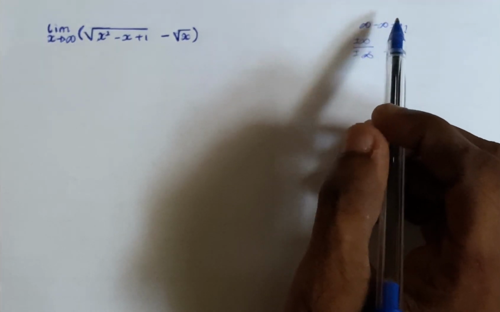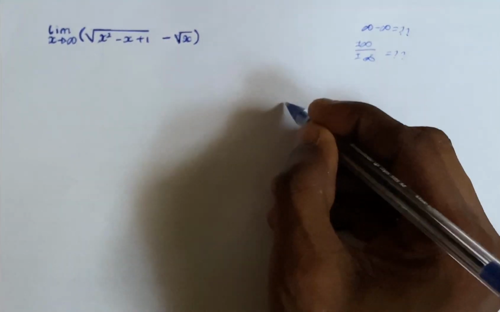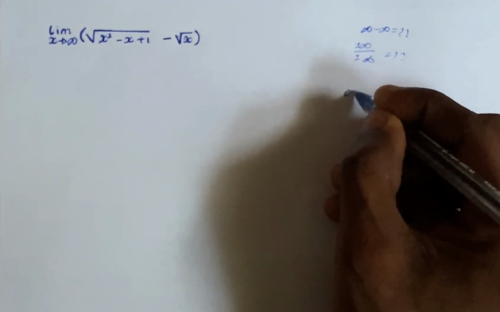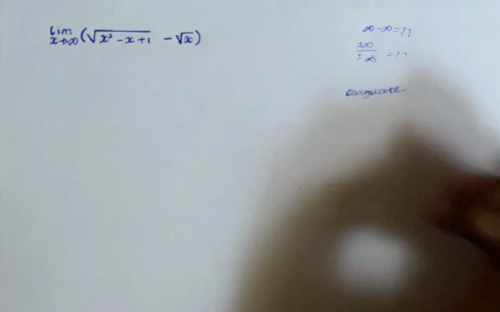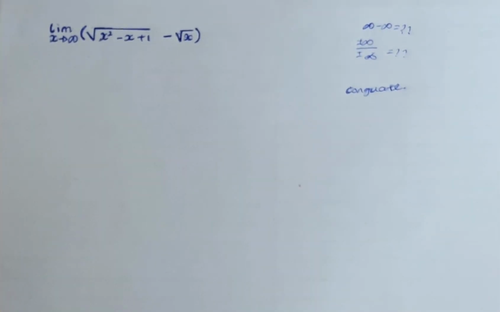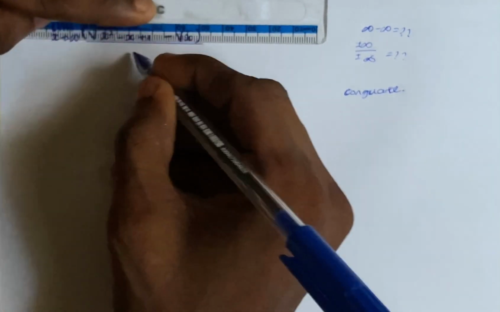What we basically do is we conjugate. Let's go for it. Now what do we do in conjugation? We basically turn this into something over 1.